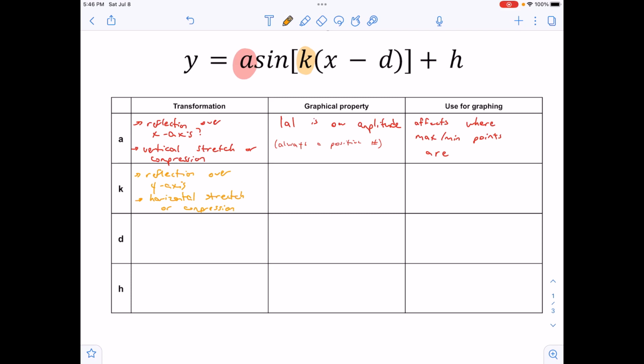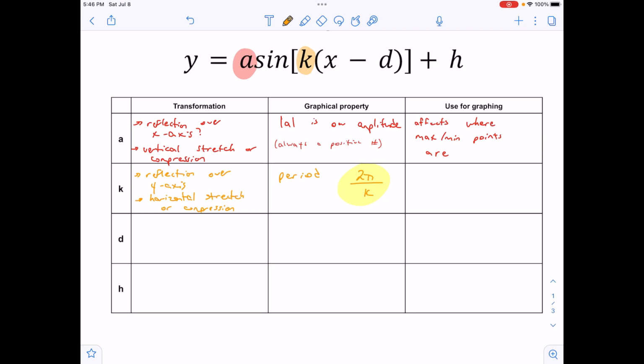Now, what that's going to affect at the end of the day is the period of our trigonometric function. And we can determine the period in radians using the formula 2 pi over k. I'm just going to highlight that so that it really sticks out. 2 pi over k is the formula to determine the period of our trigonometric function.